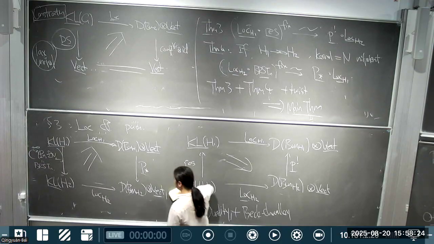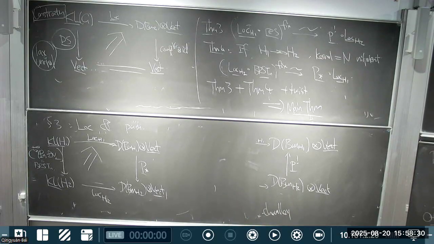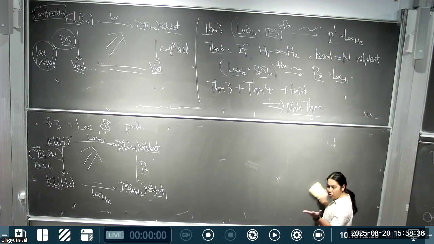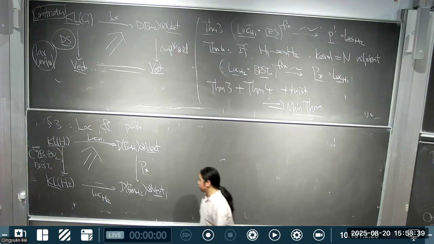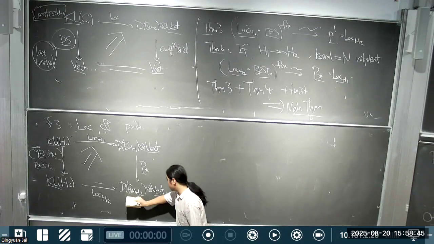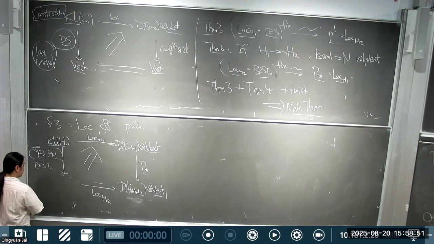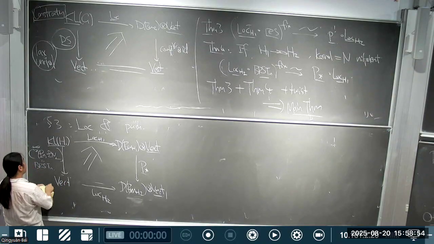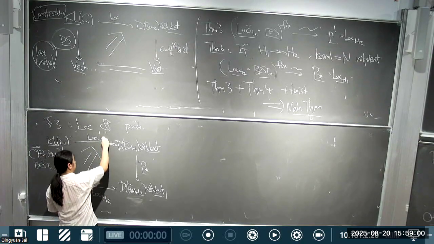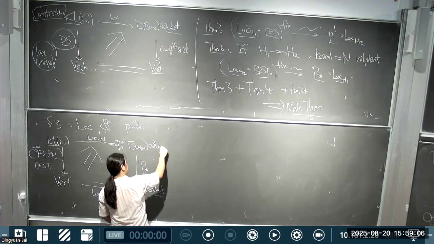Okay, let me explain. What's the thing behind this Sum 4? For simplicity, let's assume this H2 to be trivial. So if you want, we just look at a single H2 bundle and calculate the fiber at this bundle. So we can do this. Therefore, let's just go to Vect. And here, this is just unit KL N, and this is Loc N, and this is D of bar N, and Vect.